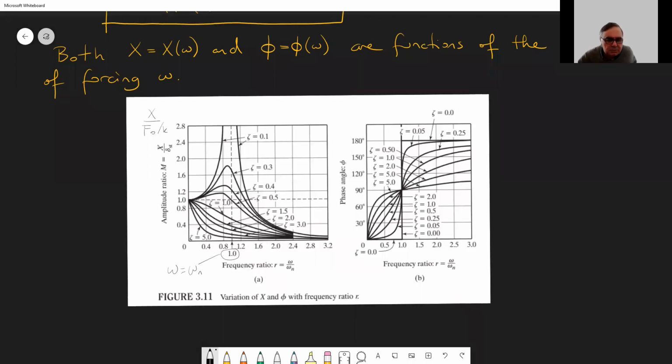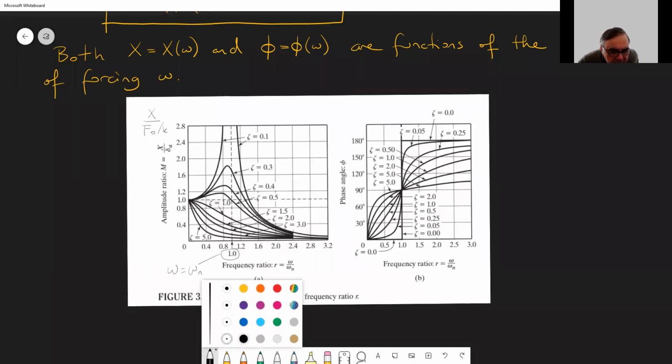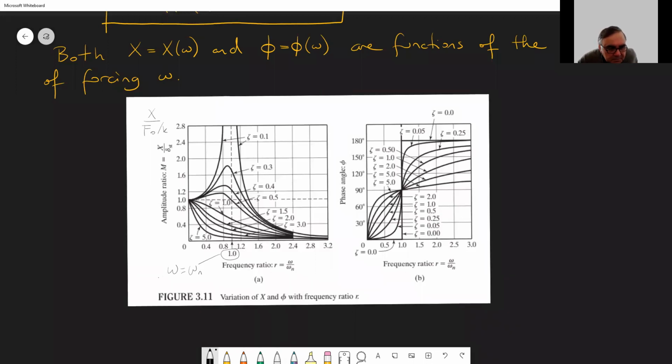And when omega equals omega n, what you have is a resonance. To be precise, resonance occurs when omega equals omega n only when the damping is 0.